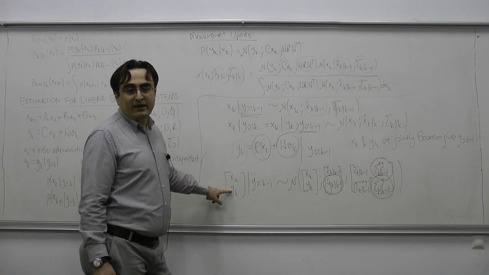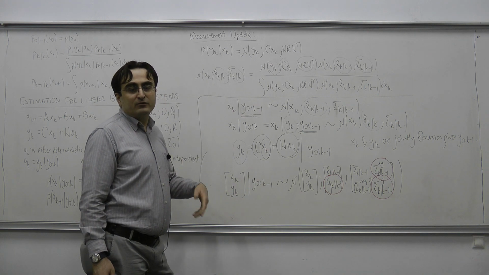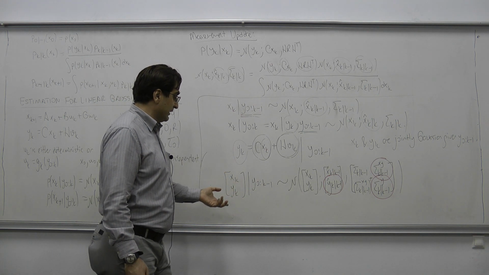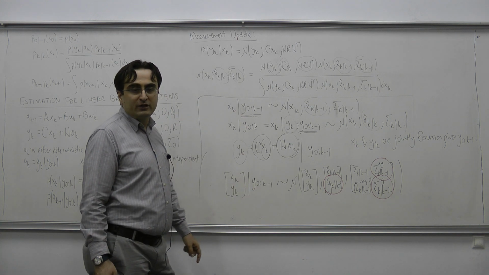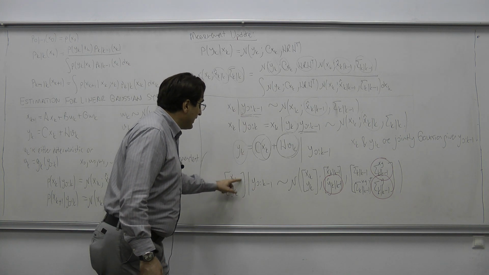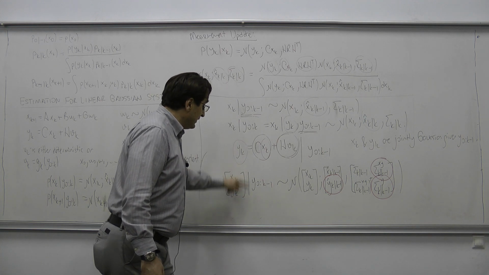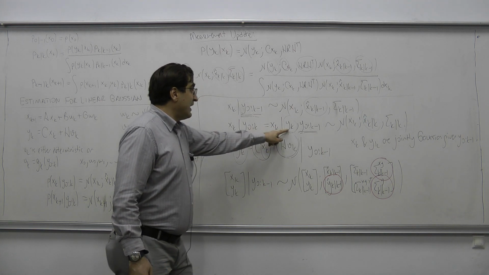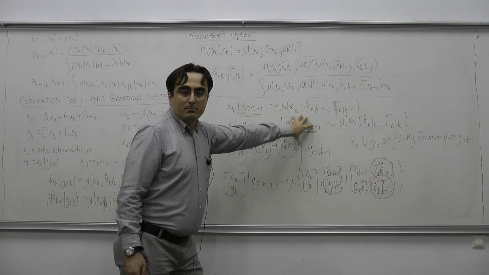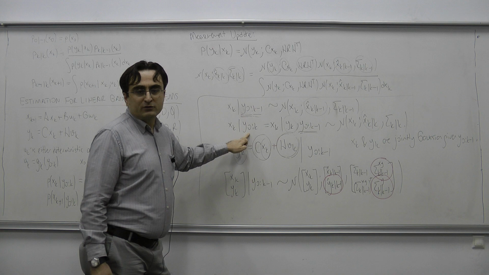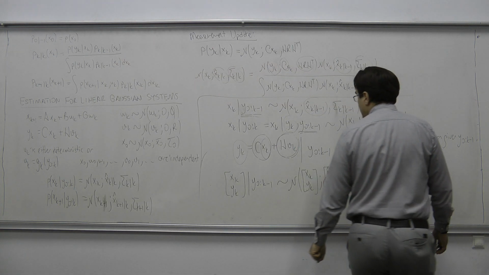xk given yk. But here you see that y0:k-1 is already in the conditioning. So as soon as I pass this yk into the conditioning, I will calculate the statistics of xk given yk and y0:k-1. When they're combined, they make y0:k. That is all we are going to do here.